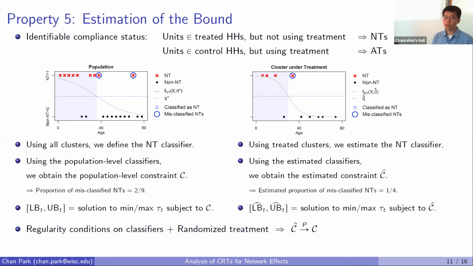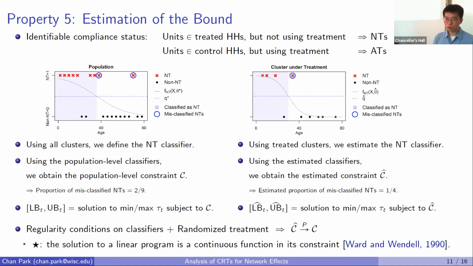And under some regularity conditions on classifiers, plus using the fact that this is a randomized experiment, we can show that the estimated constraints converge to the true or the population level constraints in probability. And we find that the solution to a linear program is a continuous function in its constraint. As a result, we can use the continuous mapping theorem to show the consistency of the bound estimate.